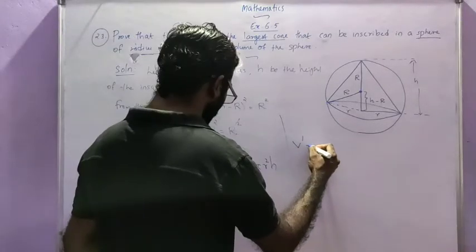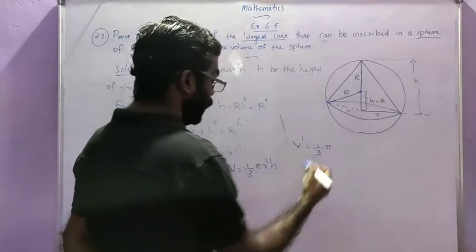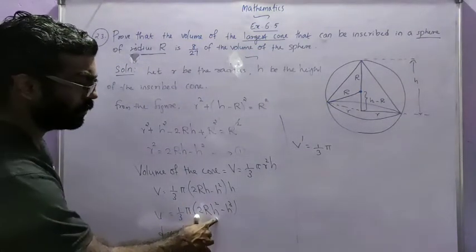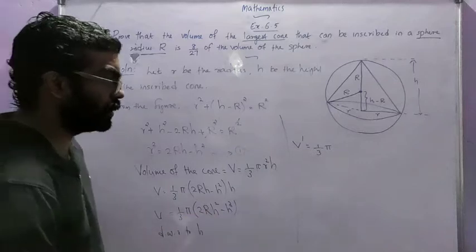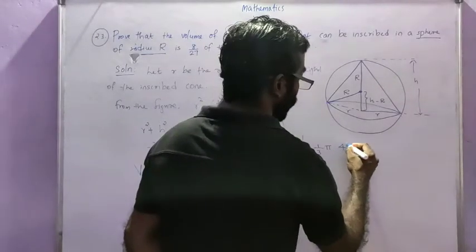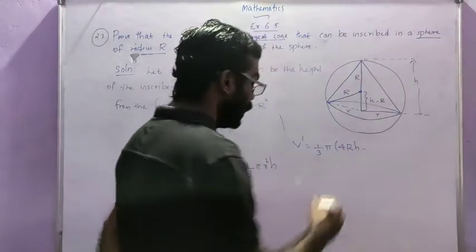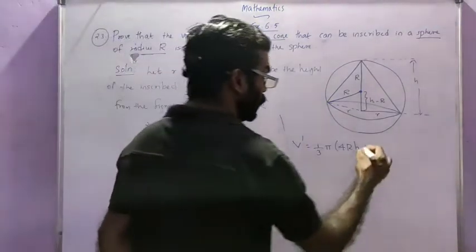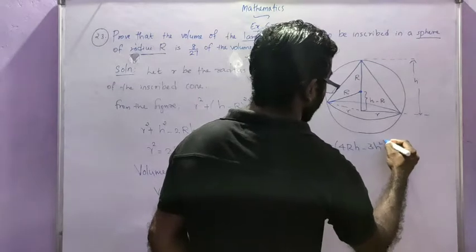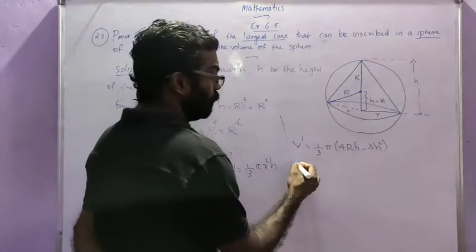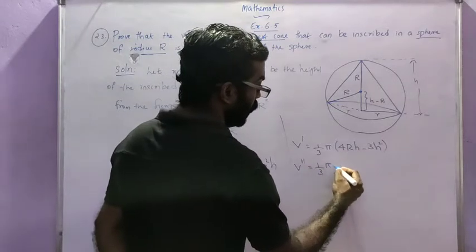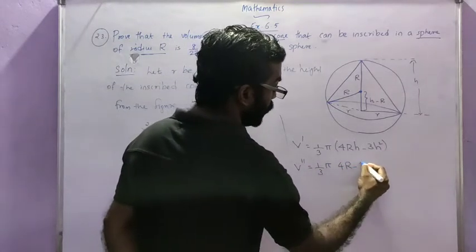So V dash is equal to 1 by 3 pi into 2R, h square derivative 2h, so 4Rh, then minus h cube, derivative of h cube is 3h square. Again we can differentiate. V double dash is equal to 1 by 3 pi into (4R minus 6h).